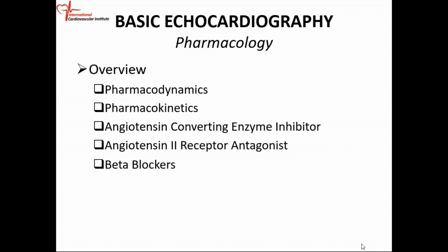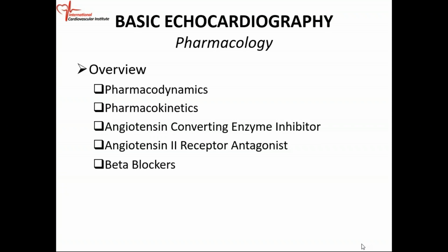Then ARBs, angiotensin 2 receptor antagonists. That is called the ARB. So angiotensin 2 receptor antagonists. You will see patients coming to the lab with losartan. Some patients will be on irbesartan.